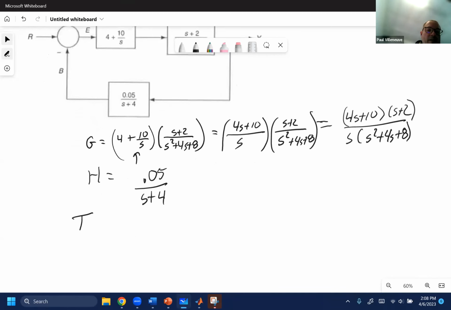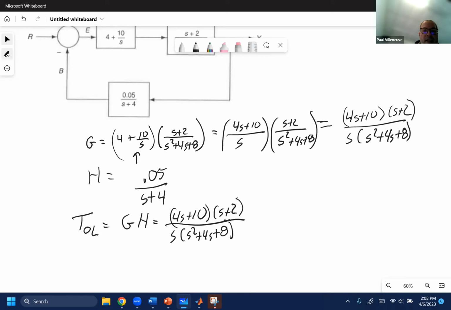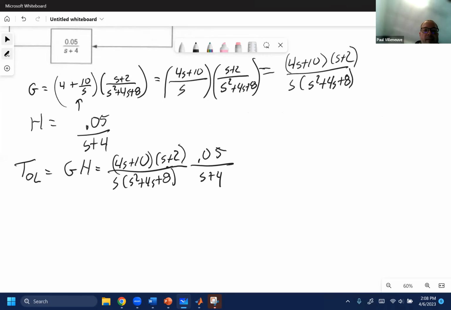So our transfer function, that is open loop, which we've already defined as G times H, which is 4S plus 10 times S plus 2 over S times S squared plus 4S plus 8. That also has to be multiplied by 0.05 over S plus 4. So simplifying that down, let's see.